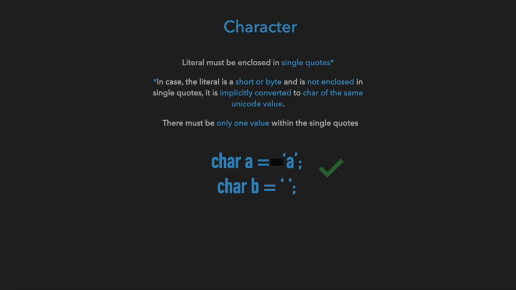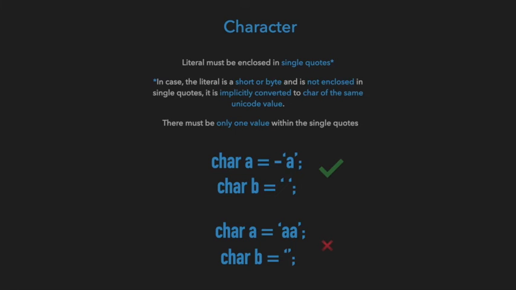But in the second one, char B, if you had given two spaces inside the single quotes, it would not work, because there just has to be one character. Then char A is equal to double A in single quotes. Yes, that's not going to work. Char B is equal to nothing inside those single quotes. That's also not going to work, because there must be one value inside the single quotes.